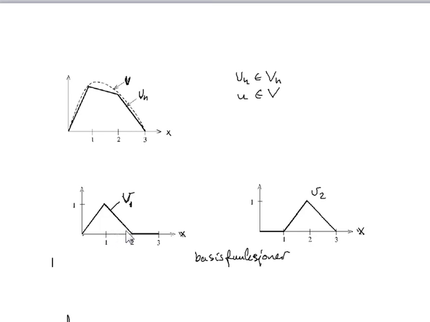In this interval, the derivative of v1 is equal to minus 1. And in this interval, v1 is constant, so the derivative is equal to 0. v2, on the other hand, is opposite. The derivative of v2 with respect to x is 0 in this interval, it's 1 in this interval, and minus 1 from 2 to 3.